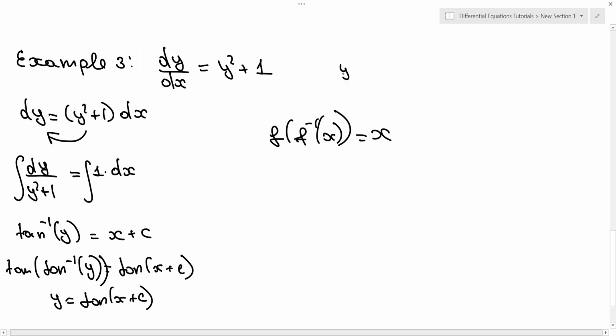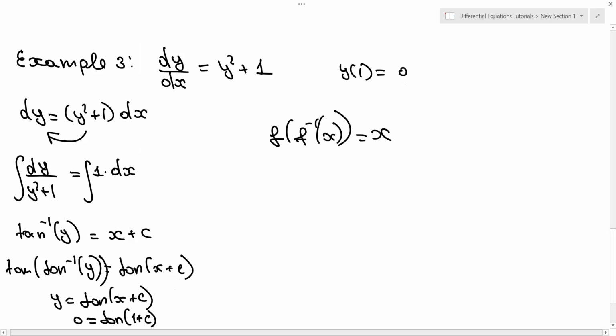Also, I forgot to write our initial value. It says y(1) is equal to 0. So we put 0 is equal to tangent of 1 plus c.